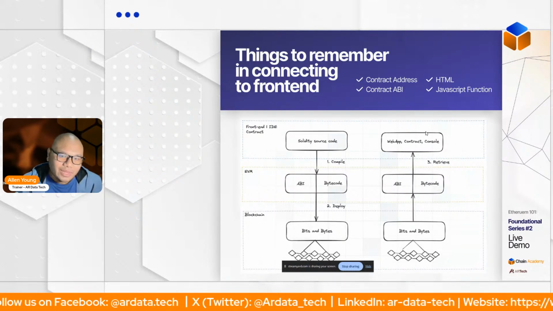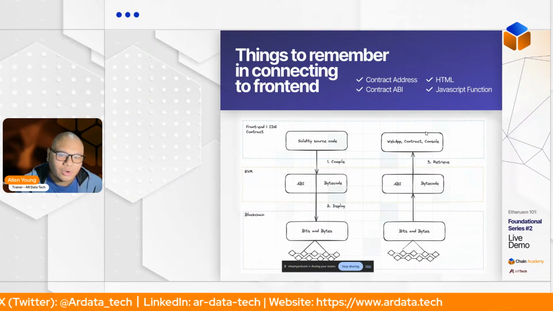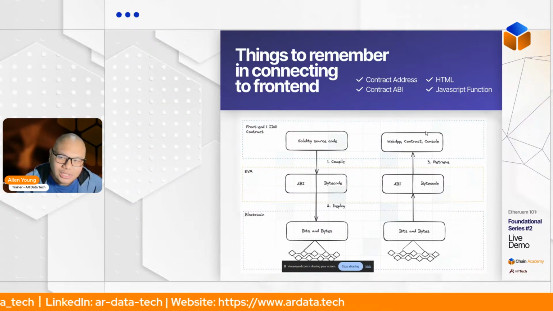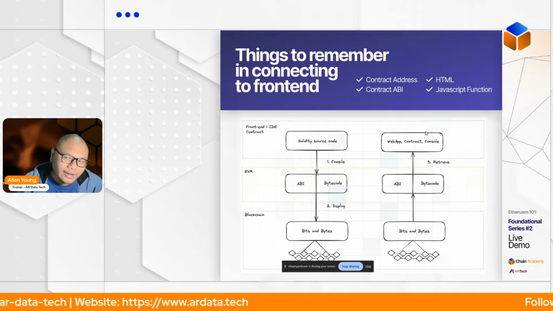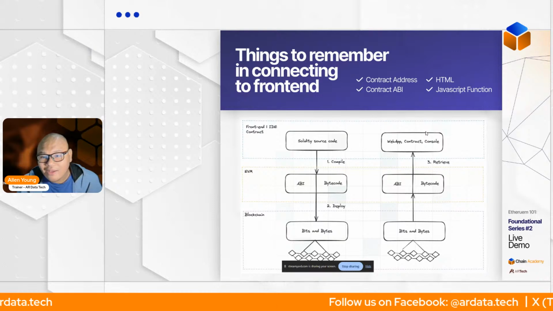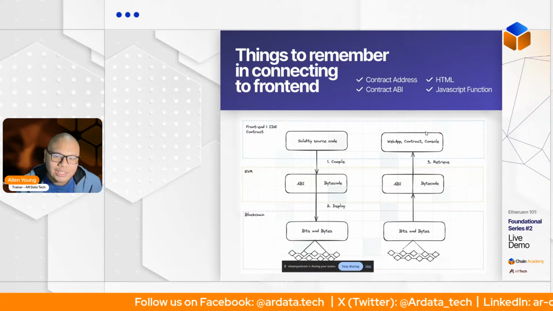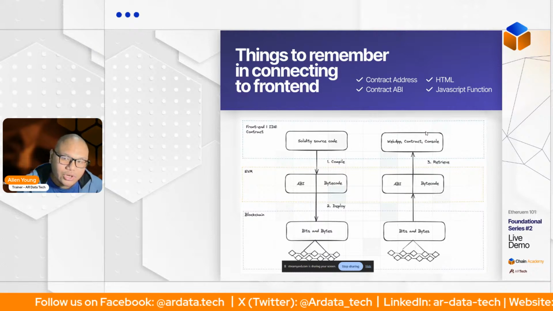And some things to remember. We need to have the front end code. So I will have the HTML code samples here that I've created earlier, so we will save time. And the JavaScript functions that we have, so that we will be able to grasp the functionalities to connect to our smart contract.